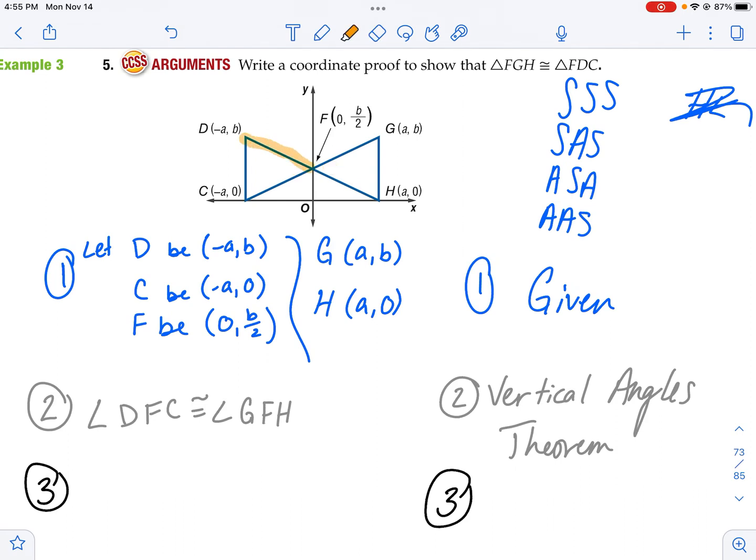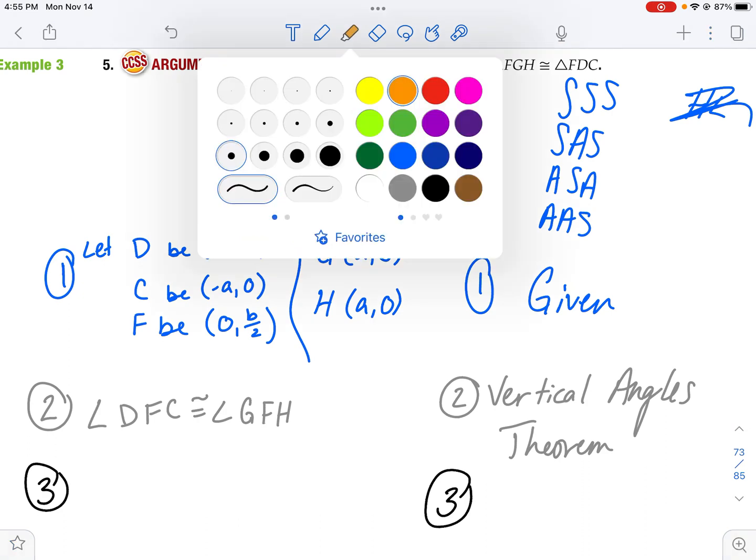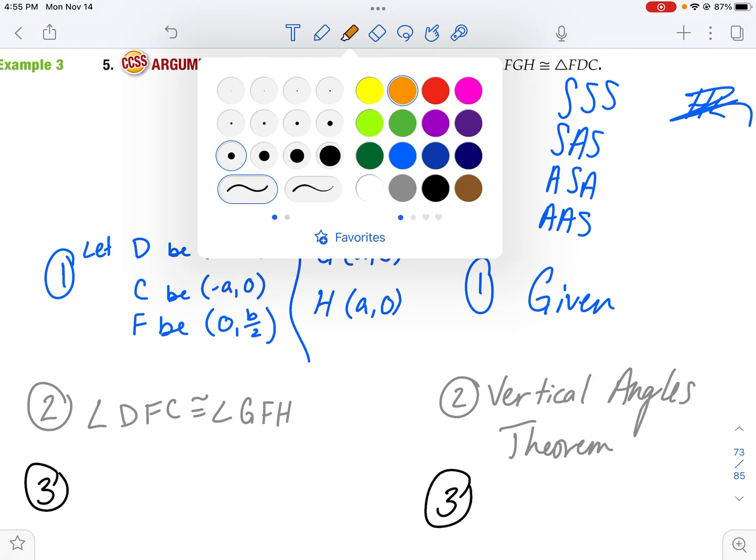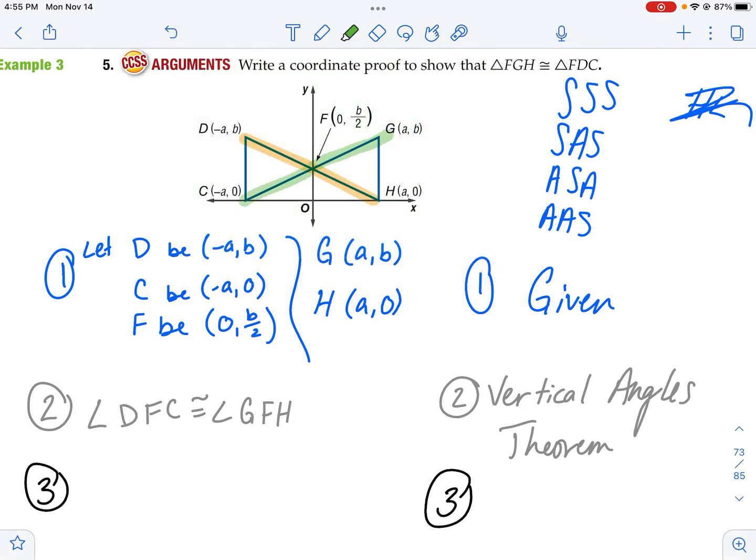I'm going to try to prove that those two pairs of sides are congruent. So maybe I'll go with DF and HF.